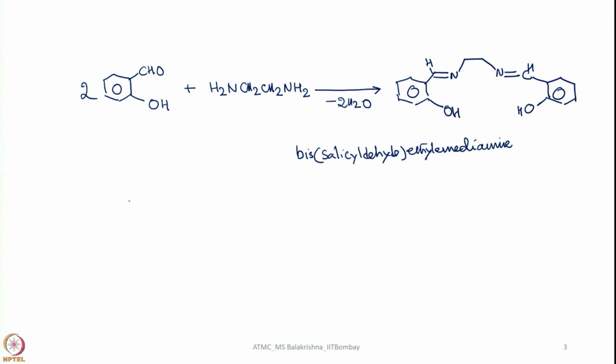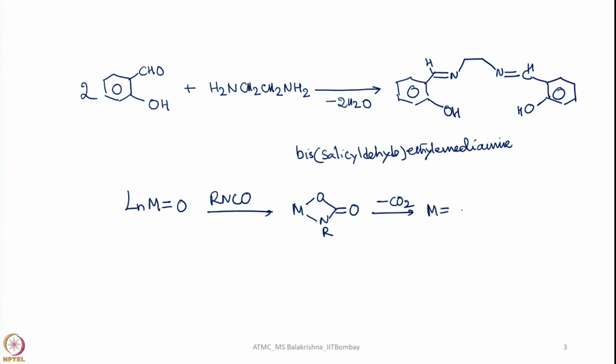One can also generate those things starting from, for example, oxides like this. When we treat this with RnCO, it can give a compound like this. And this can readily eliminate carbon dioxide to form a compound like this.